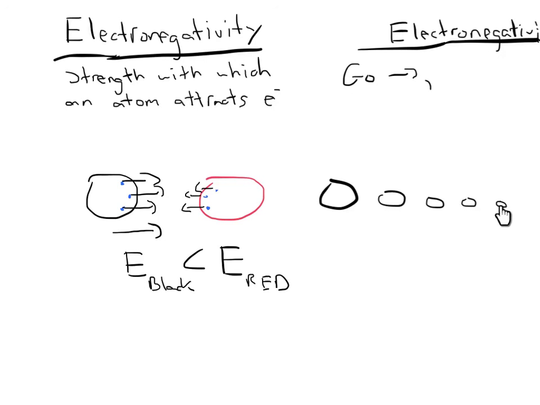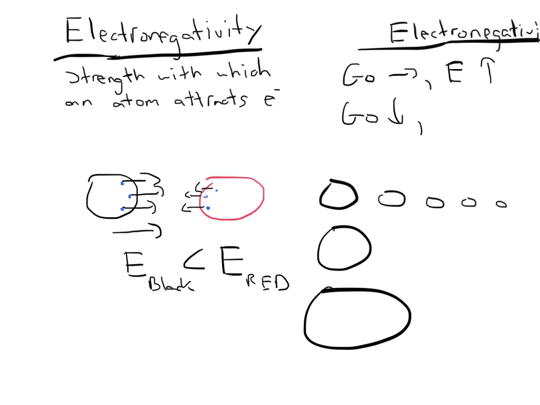If the nucleus is in the middle, it's much closer to the outside where another atom might be. And so the smaller an atom gets, the more it is able to attract electrons from another atom. So for this we say electronegativity increases.